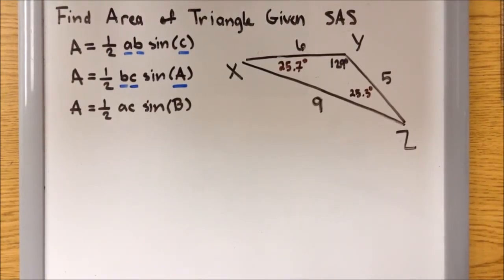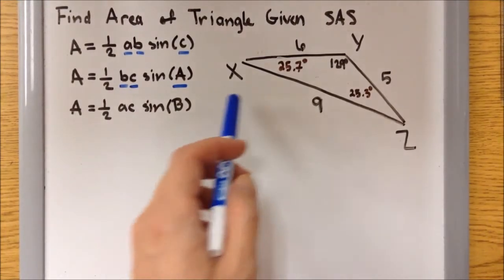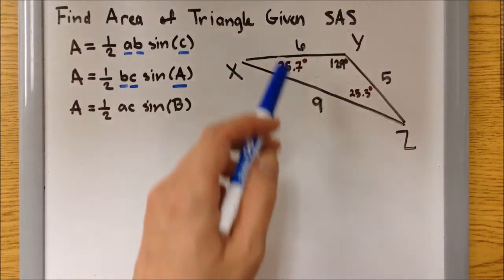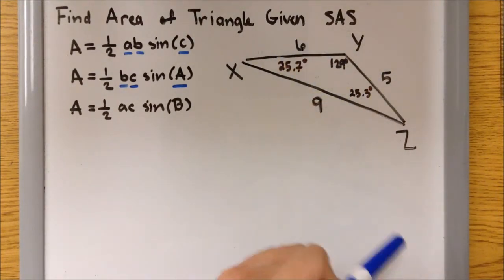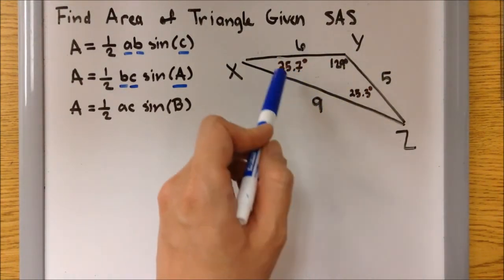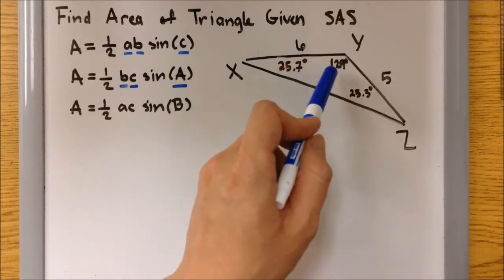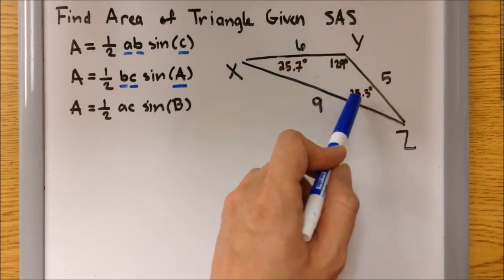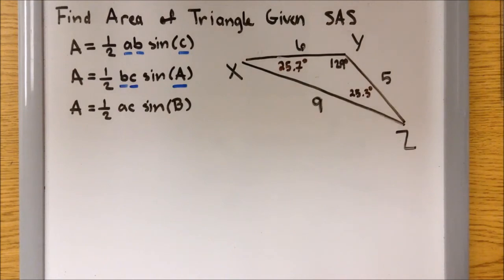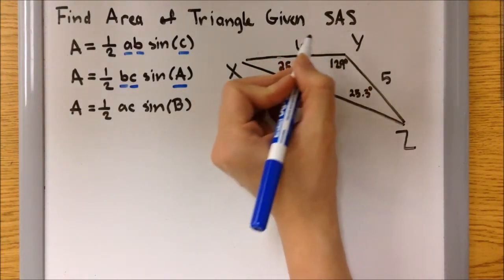Alright, given this third example, we have triangle XYZ with sides 6, 5, 9 and angles 25.7, 129 degrees, and then 25.3 degrees. So I'm going to label my ABC sides. So it could be in any order.